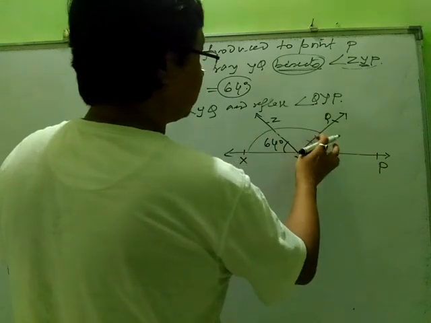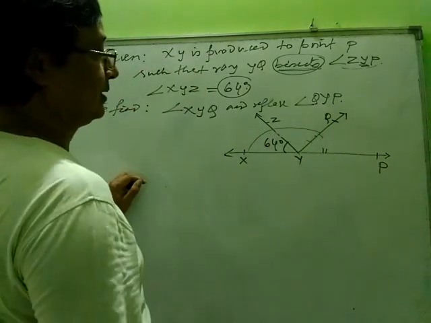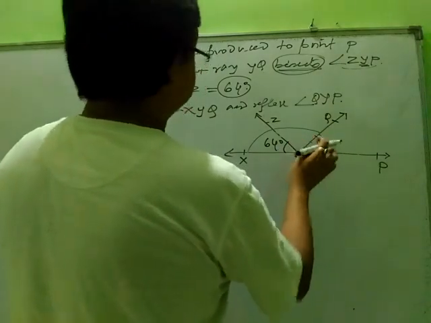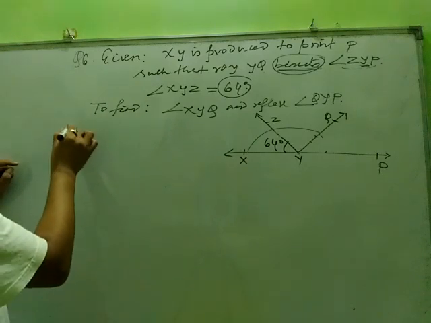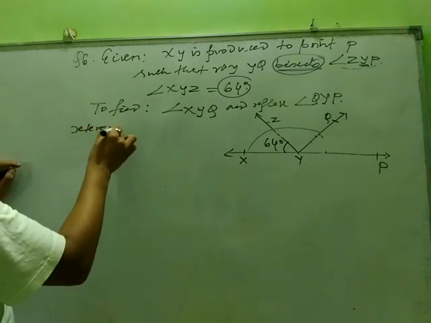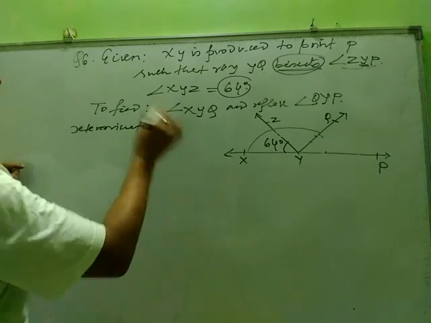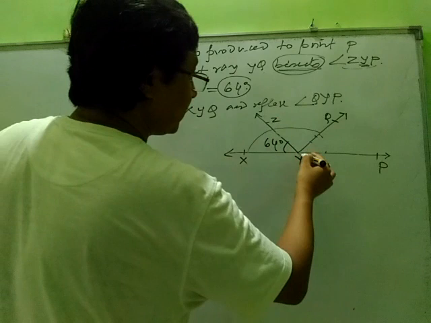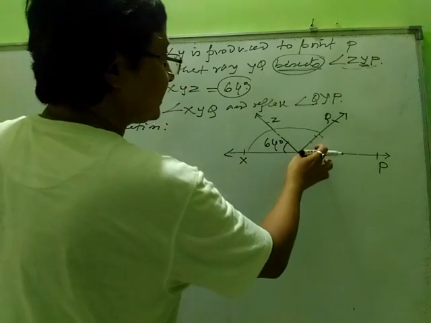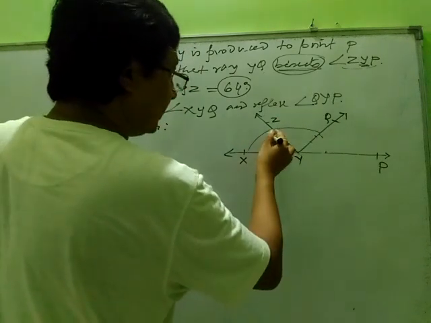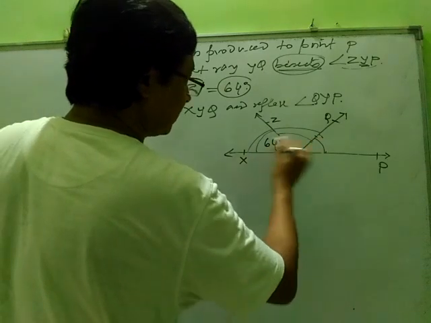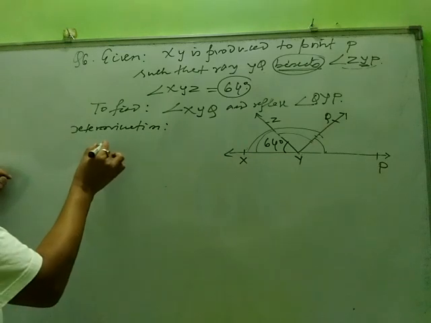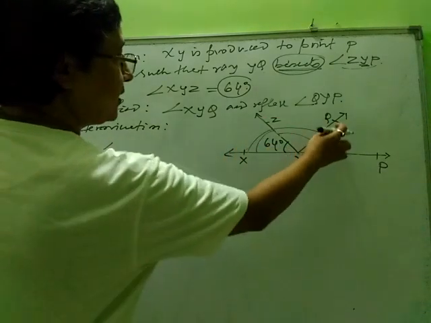As these two measures are equal, we take them as x. This is a straight line and these are the rays, forming adjacent angles on the line. So this angle plus this angle plus this angle gives 180 degrees.